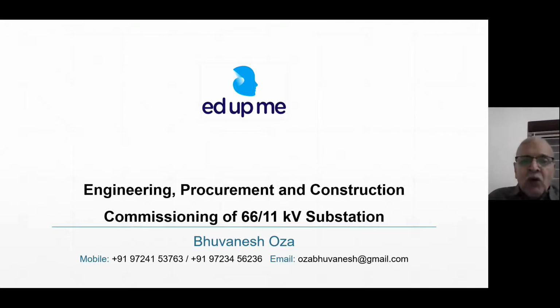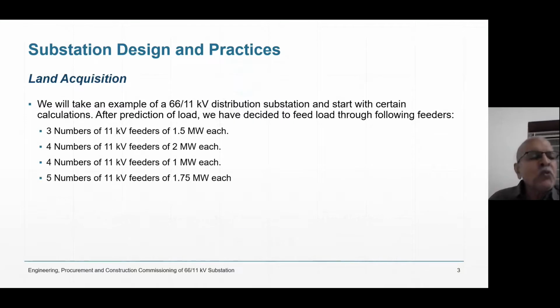So in the third session now, we are going to start real engineering of the substation. As I told you, how to plan and design 11 kV feeders, and where to locate the pole mounted transformer or distribution transformer in an area, that is also a very important thing.